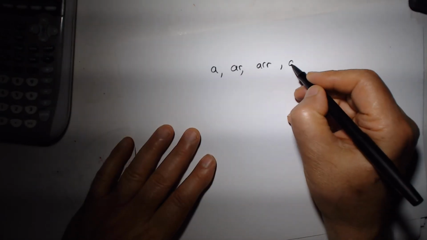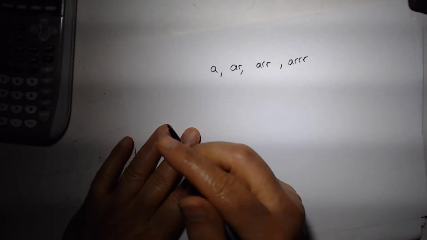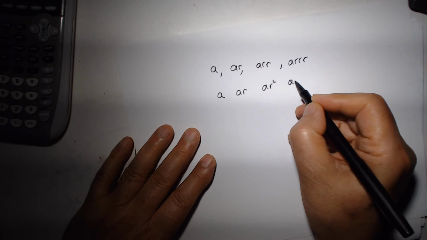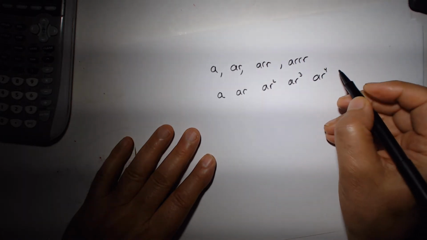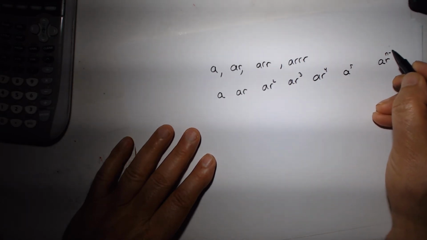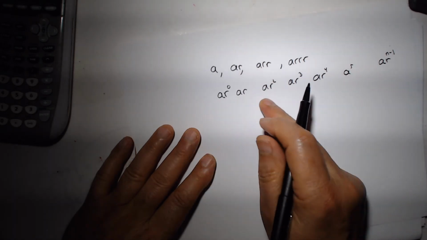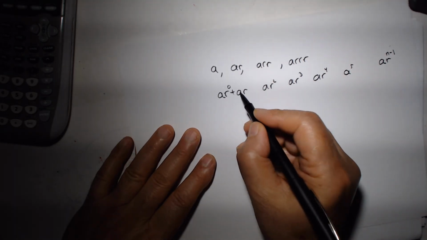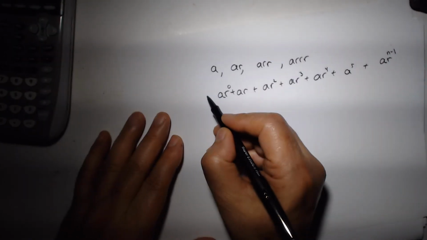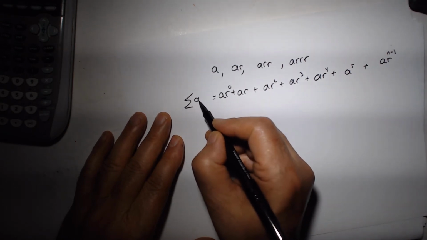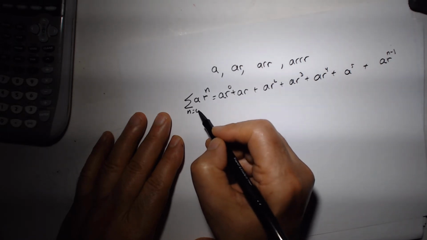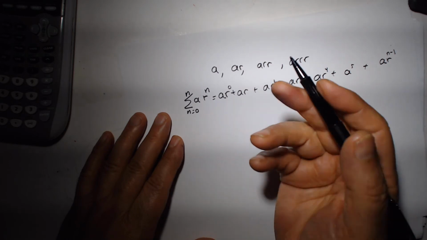Then you multiply by another r: ar cubed, ar to the power of 4, ar to the power of 5, and you go all the way to ar to the power of n minus 1 because you started from 0. That's n terms. And if I put a plus right here, that becomes a series now. What kind of series? You started from a, your ratio is r to the power of n, started from 0, go all the way to n.